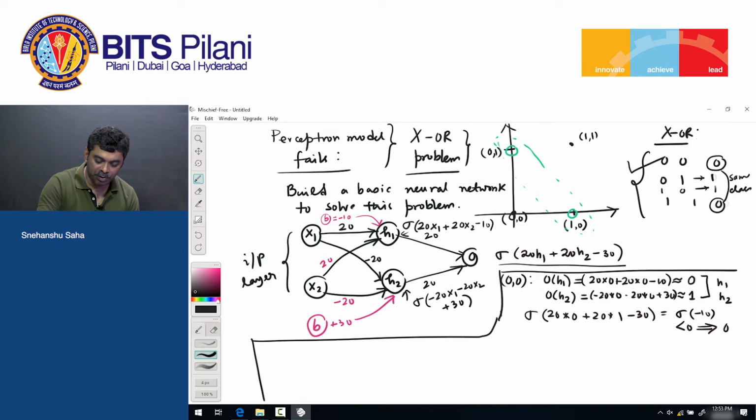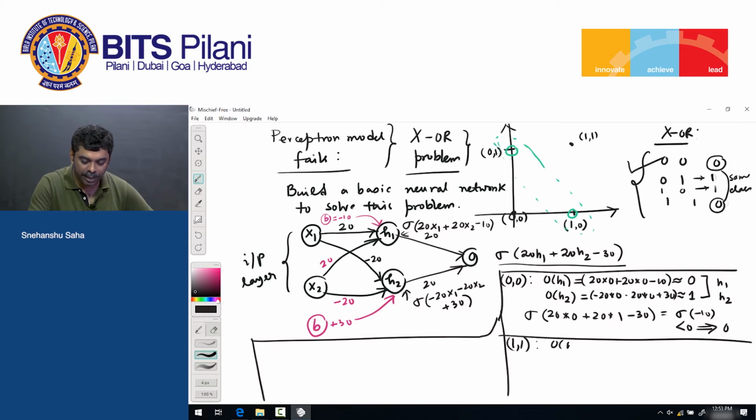Similarly, if I do this for 1 comma 1, I'll just show this for 1 and 1. When I use 1 and 1, my OH1 and OH2 will be what? 20 times 1 plus 20 times 1 minus 10.